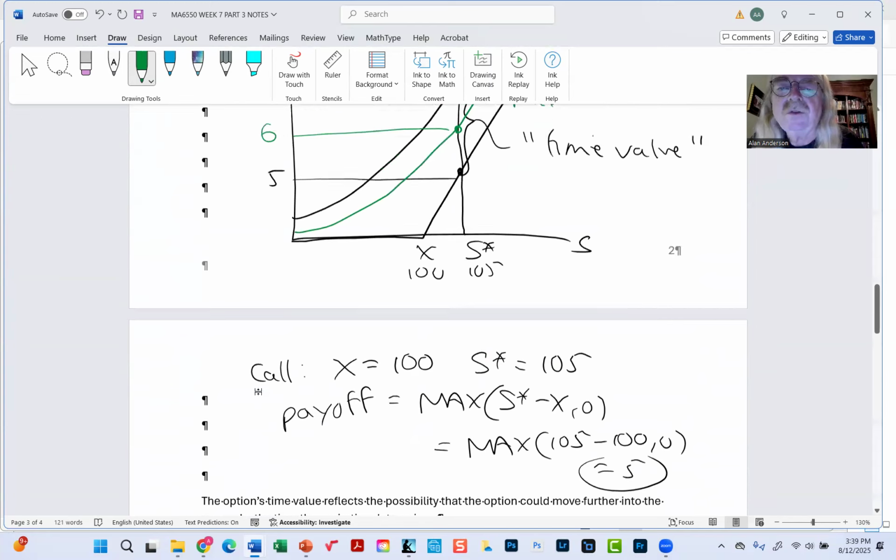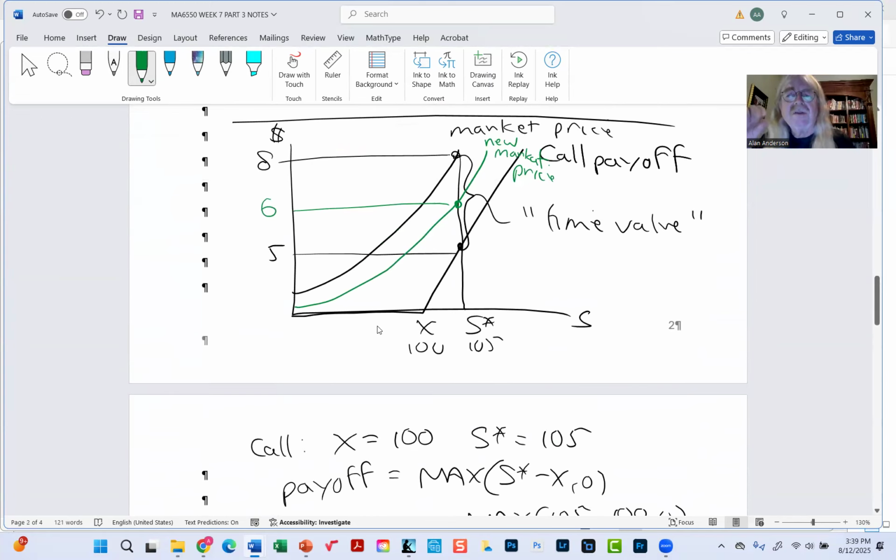because as we get closer and closer to the maturity date, the probability of the option gaining in value is shrinking. And when we reach, as I said before, the exact final day of trading, the market price curve and the payoff profile are exactly the same, which means the time value is now zero.